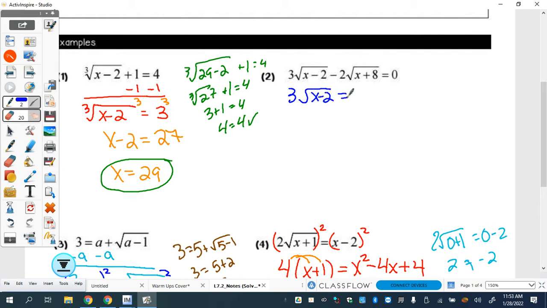So I'm going to add my 2 times the radical of x plus 8 over. So now my radicals, they are isolated. I have one on one side, I have one on the other side. So what are we going to raise each side to what power? The second.